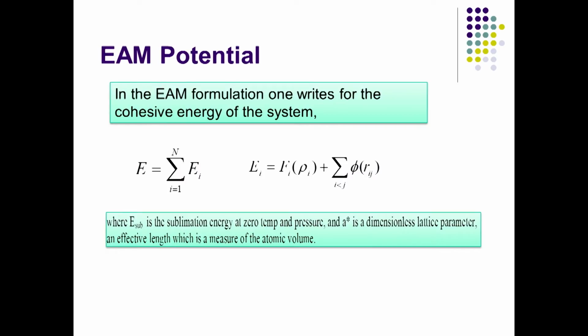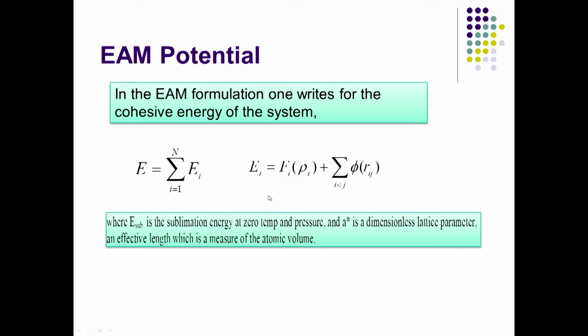So, let us start with understanding what does it mean to formulate an EAM potential. Number one, as you see on your slide, in the EAM formulation one writes the cohesive energy of the system. So, E is that cohesive energy, which if you look at all the atoms, you have i equal to 1 to N, but that is divided into two energies.